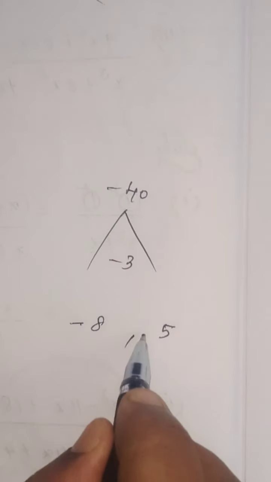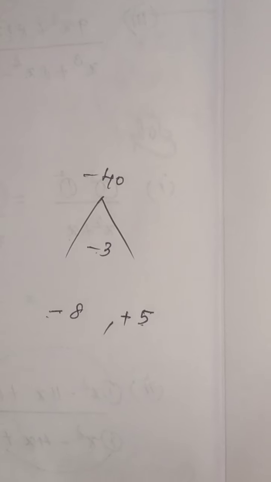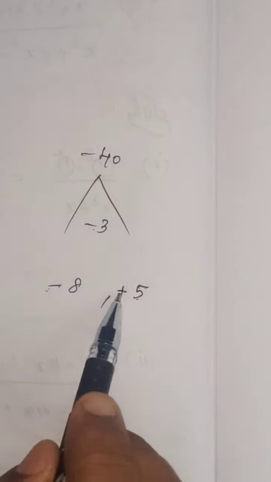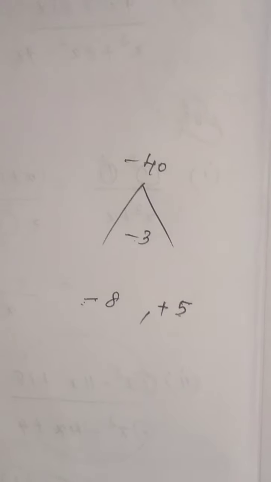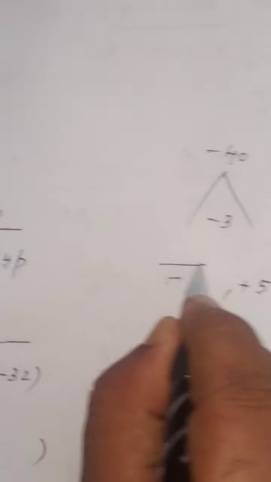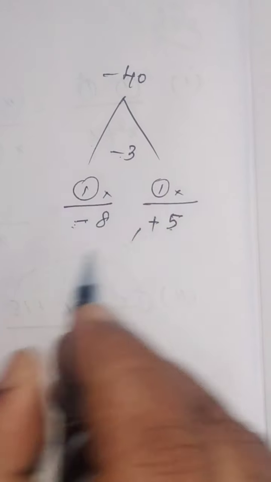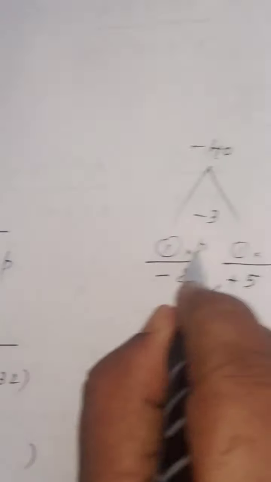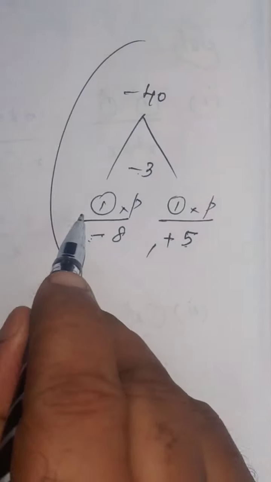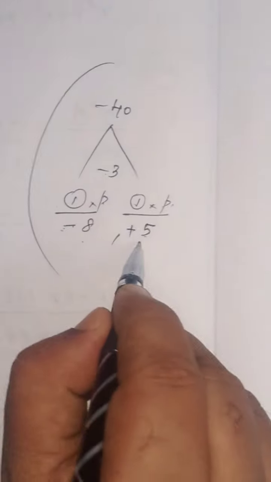So minus 8 plus 5, okay? Minus 8 plus 5 is equal to minus 3. If you multiply the two numbers, minus into plus minus, 8 5s are 40. Now the coefficient of p squared equals 1. Write 1 in numerator, into the variable p into p. So 1 into p minus 8, 1 into p plus 5.